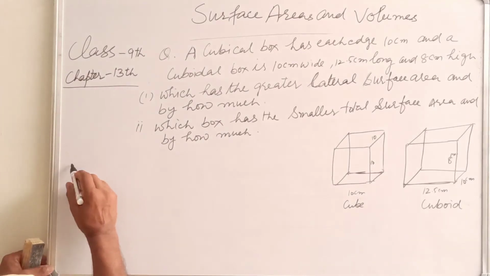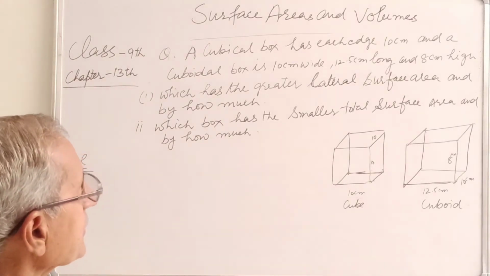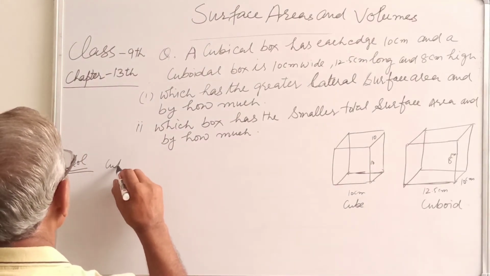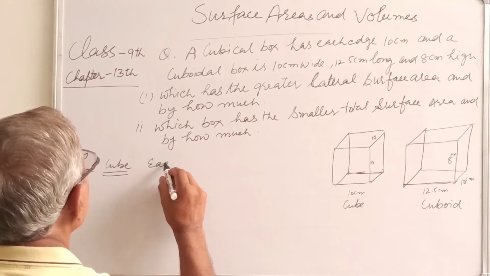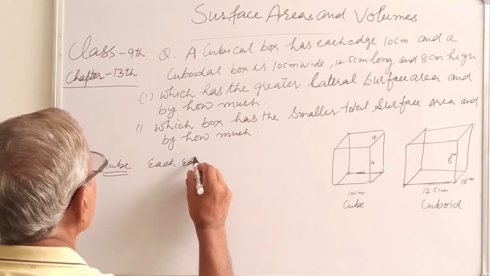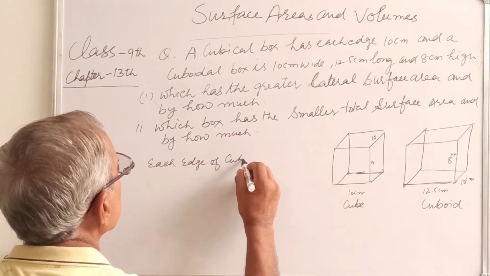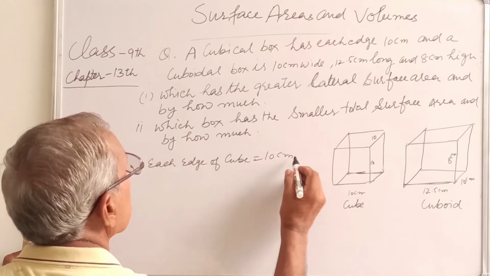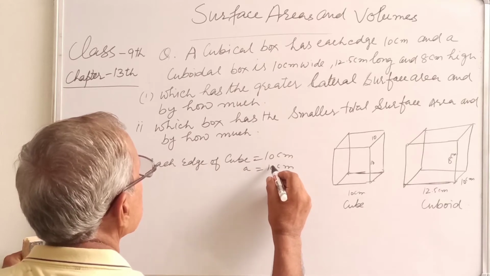So let us find first the lateral surface area for the cube. Each edge of the cube is 10 centimeter, that is a is equal to 10 centimeter.